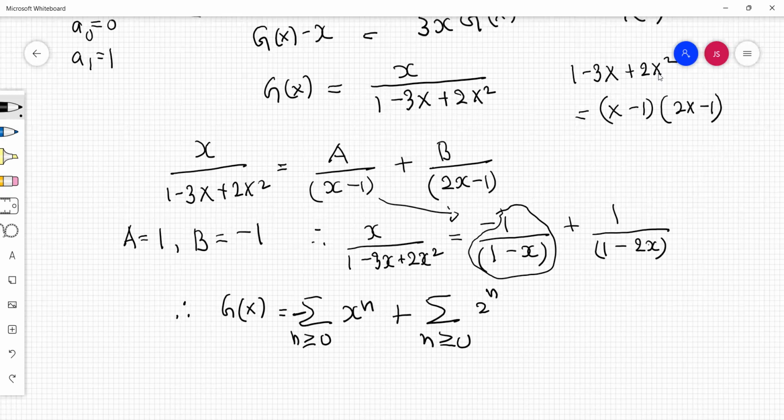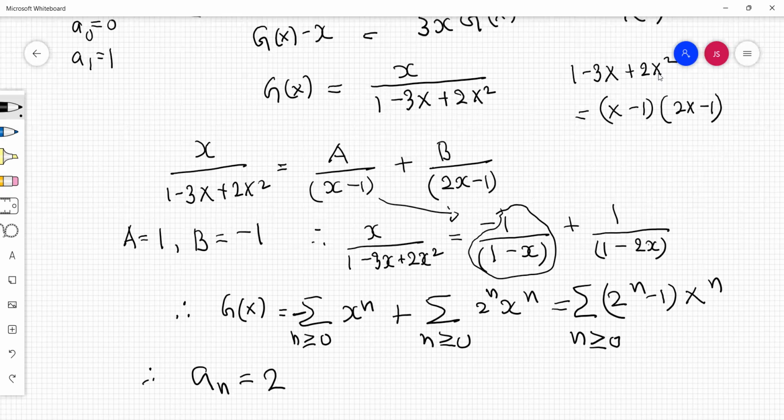That means 2^n x^n, which is equal to (2^n minus 1) x^n. Therefore, a_n equals 2^n minus 1.